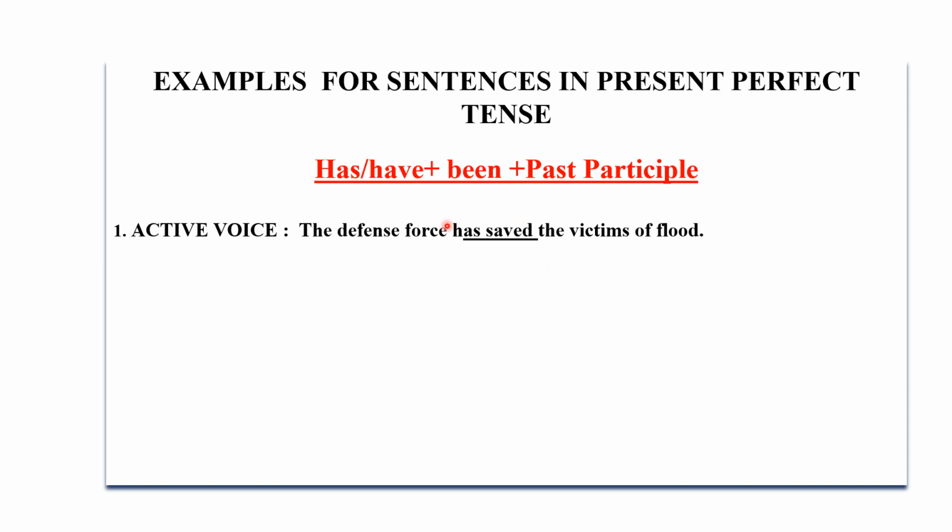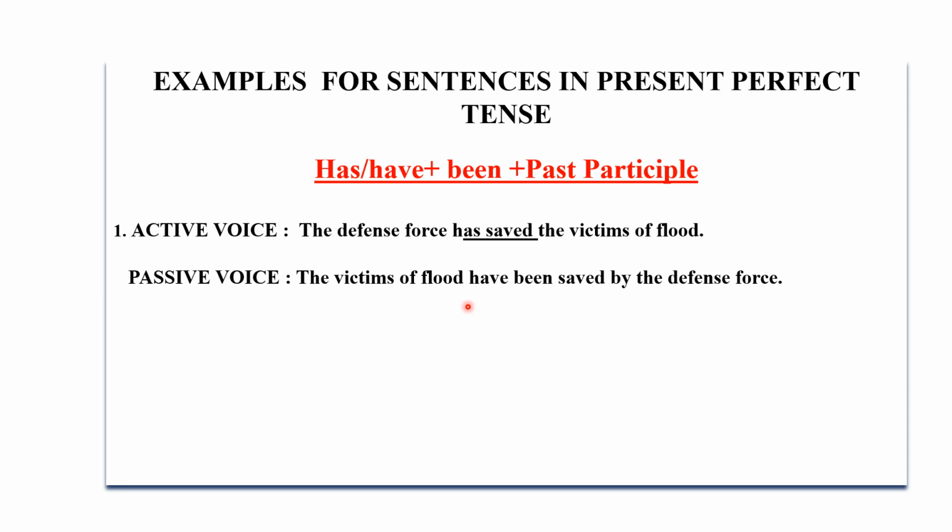So, as I underlined here, has saved is the verb. Has is the helping verb. So, the subject will come to the object place and the object will go to the subject place. So, the victims of flood, because victims is plural, you're supposed to use have and with that been and the past participle form saved. The victims of flood have been saved by the defense force.